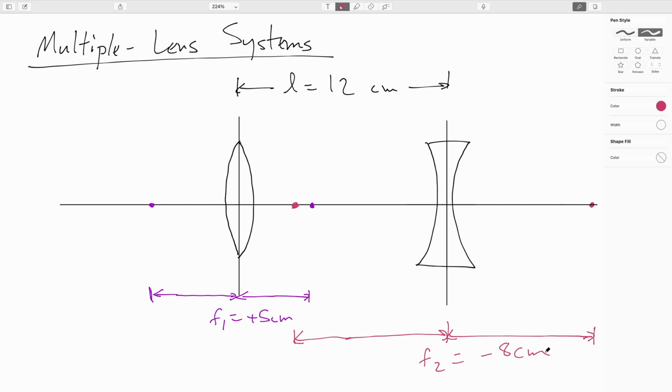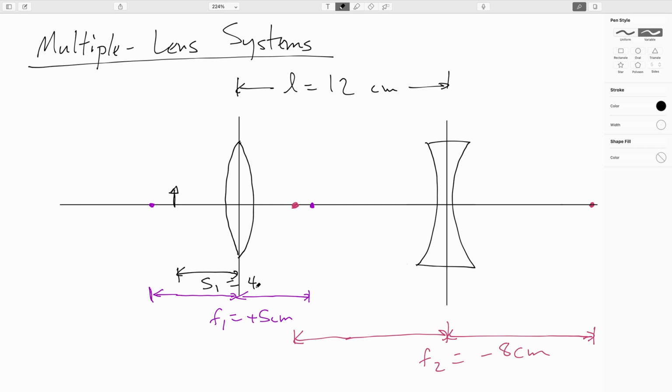So now let's go ahead and say that we have placed an object that is 1 centimeter high, 4 centimeters in front of the first lens. So that's going to be about there, something like that. Since we will have multiple object and image distances, we will call this one S1.